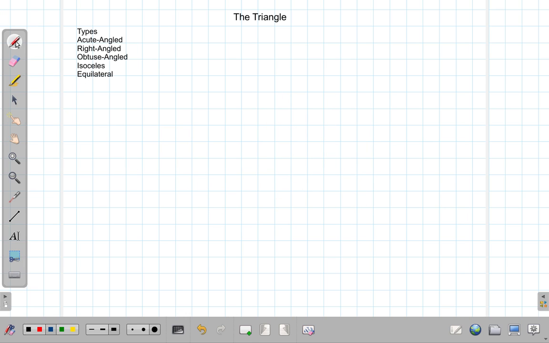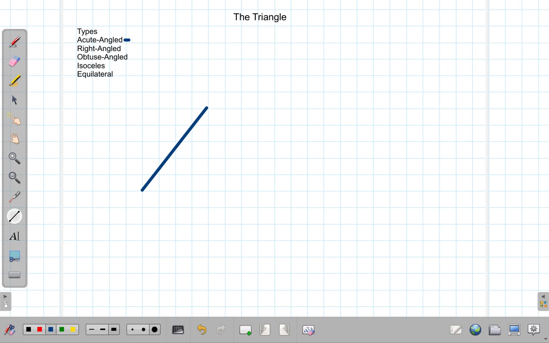You have the acute angled triangle. This one here, the acute angled triangle. In this triangle, all angles are acute angles. The acute angle measures less than 90 degrees.